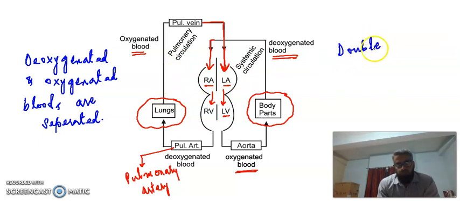The circulation of oxygenated blood and the circulation of deoxygenated blood occurs separately. That is why I have mentioned here that these organisms perform the process of double circulation.